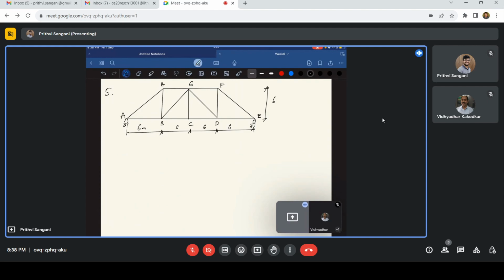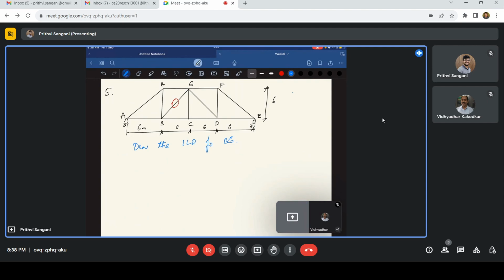The question is to find the force in this member, this diagonal. Let us directly solve a complicated one. So draw the ILD for BG.